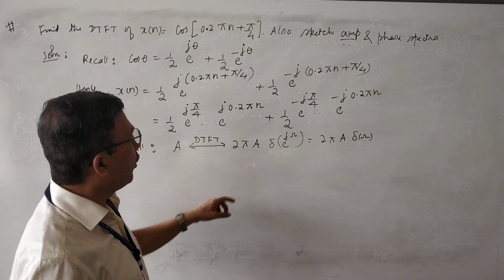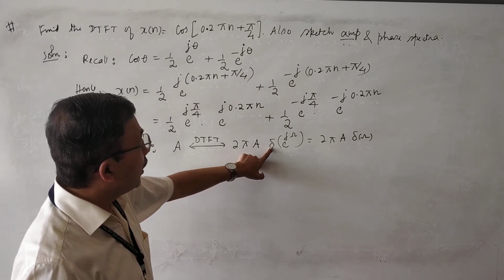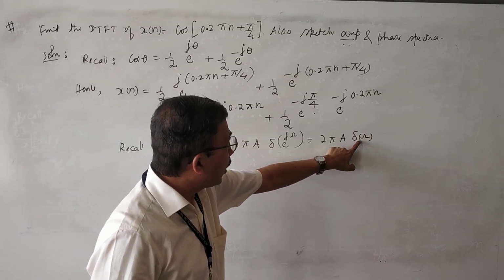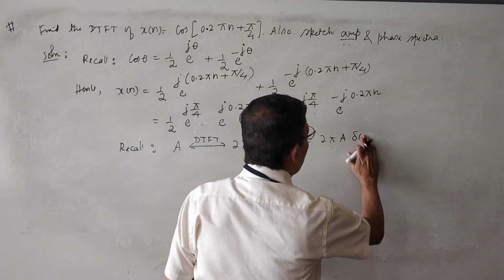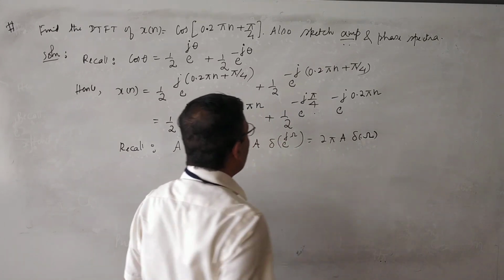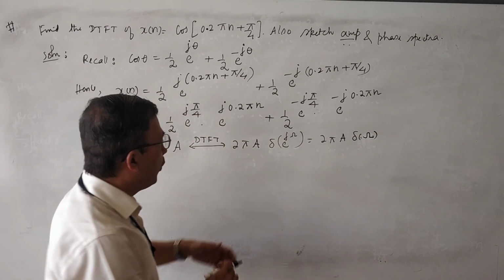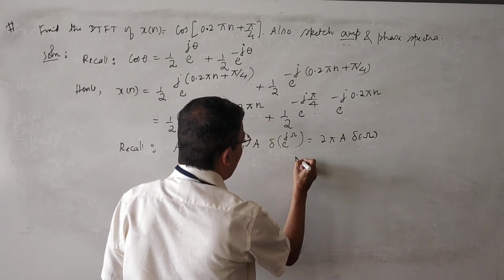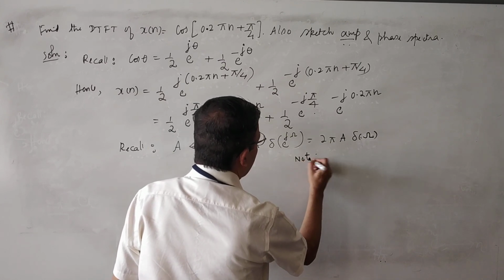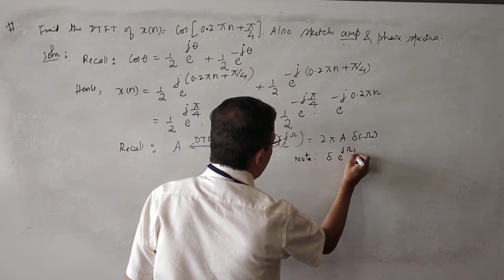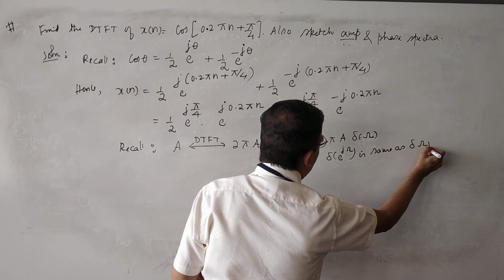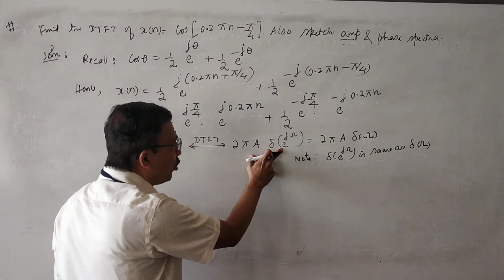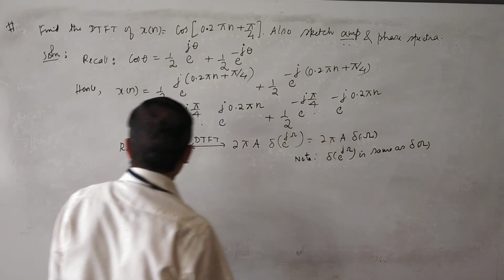If somebody asks what is the location of this impulse, it is easy to say by looking at this. What is the quantity inside the brackets? Omega. Put it to 0. Therefore, this impulse will occur at omega equal to 0. Write a note here: delta of e power j omega is same as delta of omega. Please don't think e to the power j omega is replaced by omega.